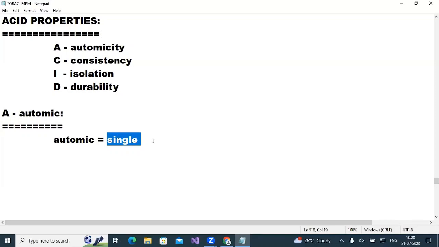Then, sir, who takes this responsibility in the database server? Atomicity. Atomic is nothing but single. We may follow any number of steps, but finally all these steps together are made into one transaction. Based on that one transaction, information is given to you.